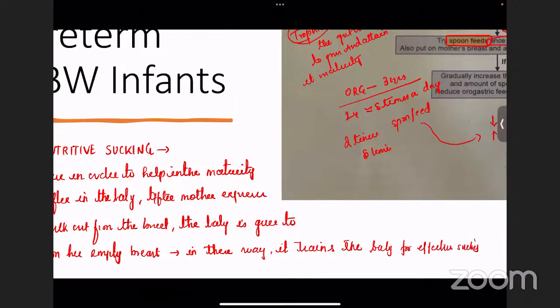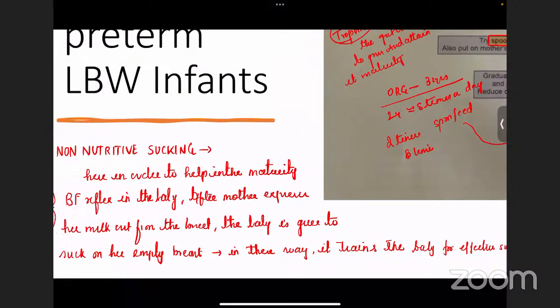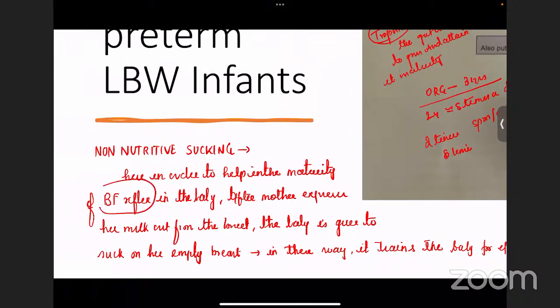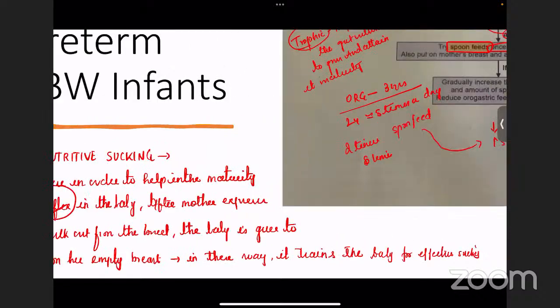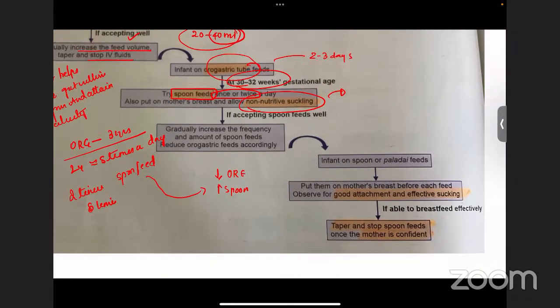So we are not giving breastfeed, but we are training the baby for acquiring the best breastfeeding reflex so that he or she can breastfeed within a few days. Once he or she improves and gains weight, once maturity has improved, after the infant has started on spoon or paladai feed, then you start to give breastfeeding before each feed.